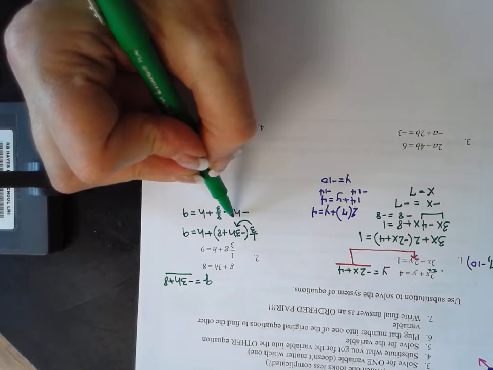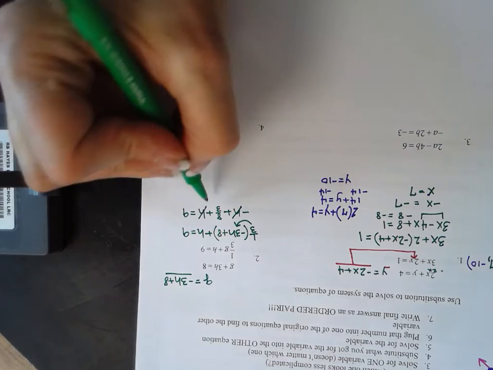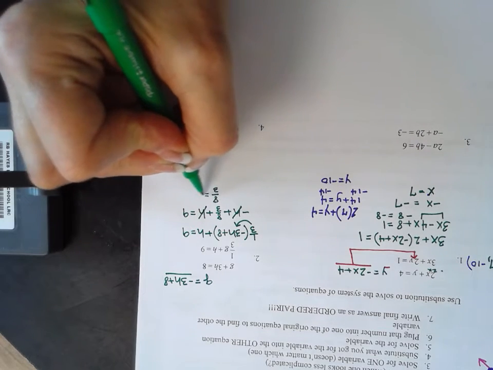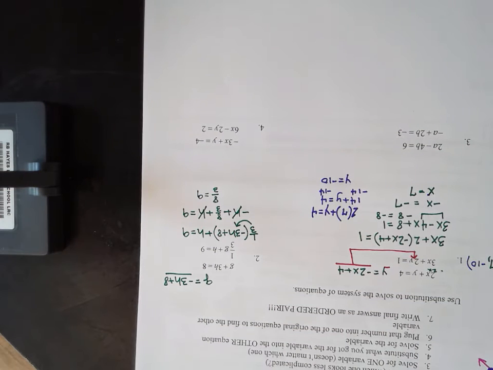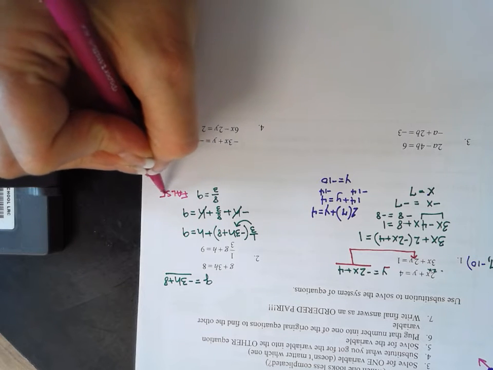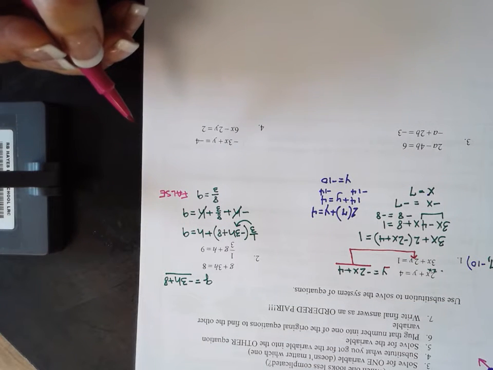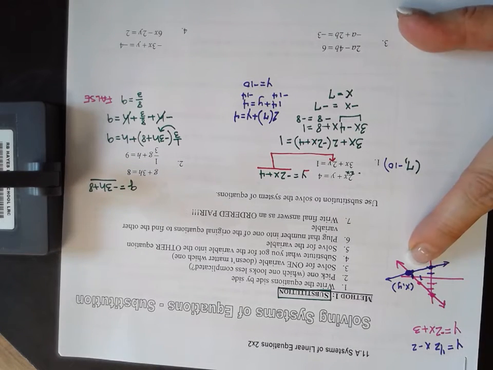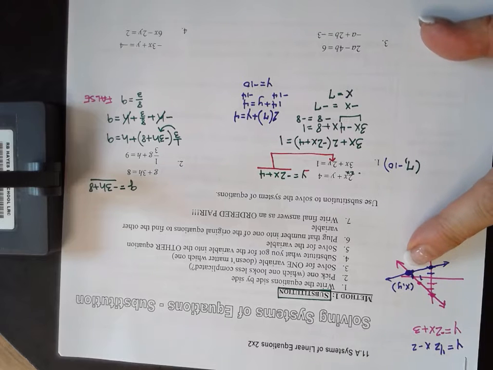All right. Look, my 2 h's cancel, and so I'm left with 8/3 is equal to 9. I don't like that. What does it mean? Is that true? No. So it is a false statement. Now, let's think about what that means. Our goal and our solution is an intersection point, right?